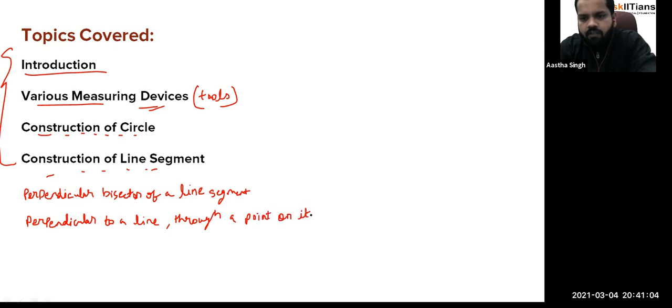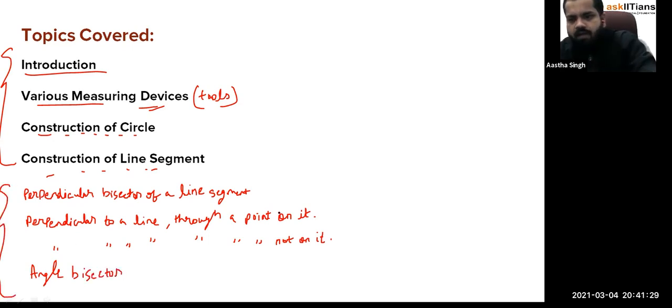You will study this. Next, you will study perpendicular to a line, to a point not on it. Okay, and also you will study your angle bisector. This is what your syllabus has. Totally, your syllabus has, right?